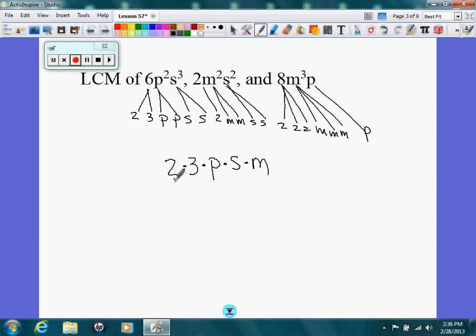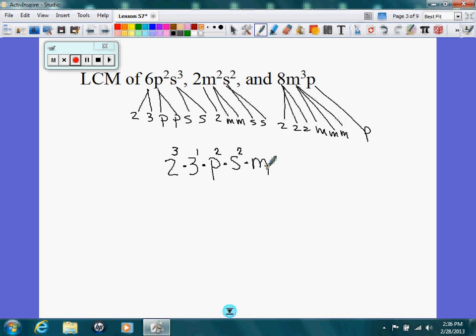What's the most 2s I have? Well, I have 1, 2 here, 1, 2 here, but I have 3 2s here, so we need a cube right there. We have 1 3, that's all the 3s, so the most 3s I have is 1. P's, I have 2 here, 1 there, the most I have is 2. S's, I have 2 here, 2 there, the most I have is 2.